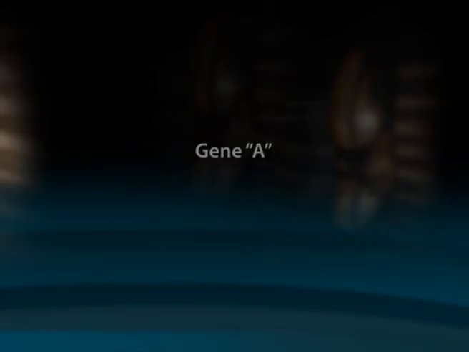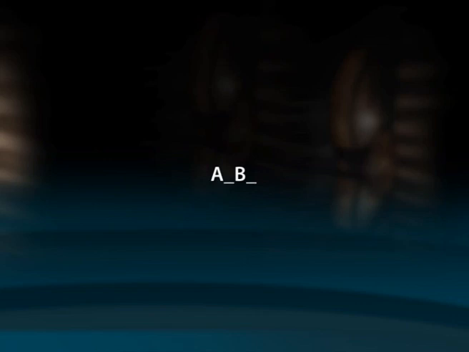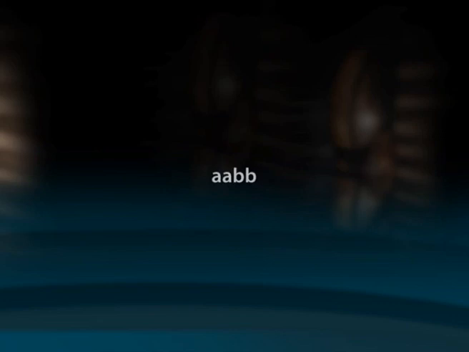In the case of Cucurbita pepo, the fruit shape is controlled by two genes, gene capital A and gene capital B. The disc shaped summer squash has both the dominant alleles capital A and capital B, with a genotype capital A, either capital A or small a, capital B, either capital B or small b. Elongated summer squash is produced when both genes are in recessive combination, small a, small a, small b, small b.